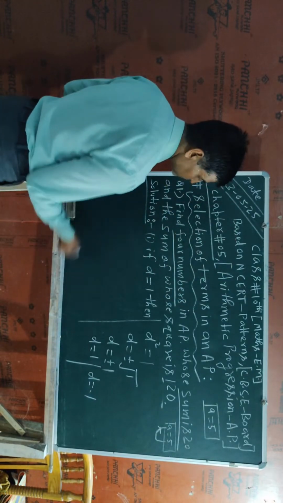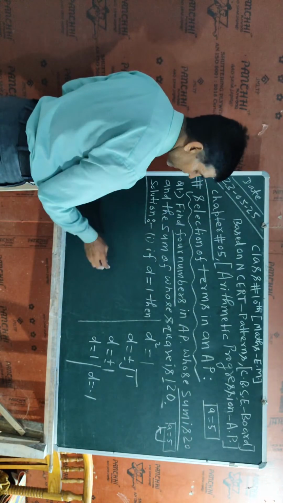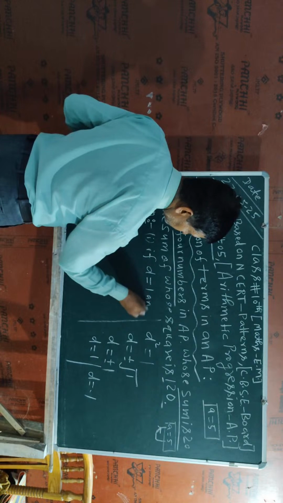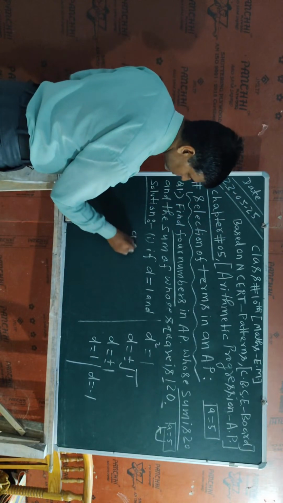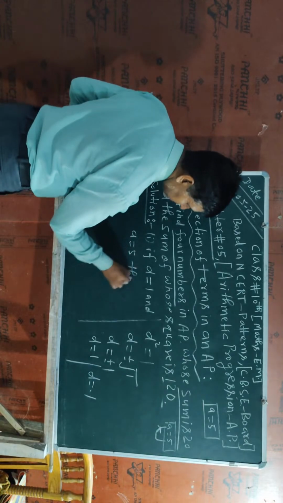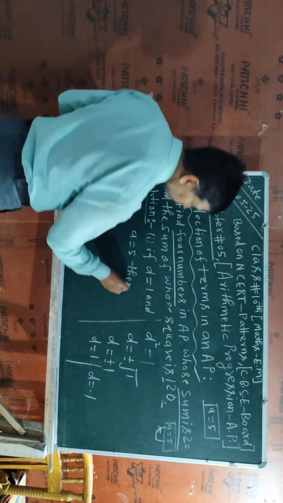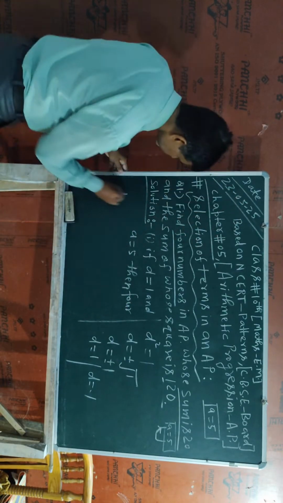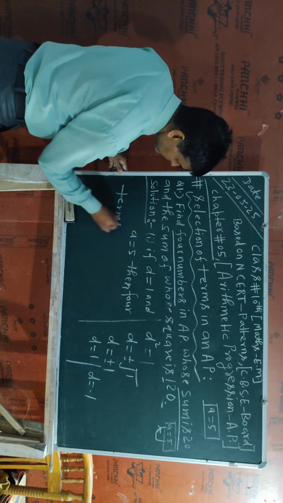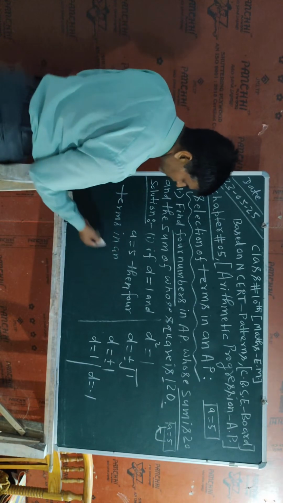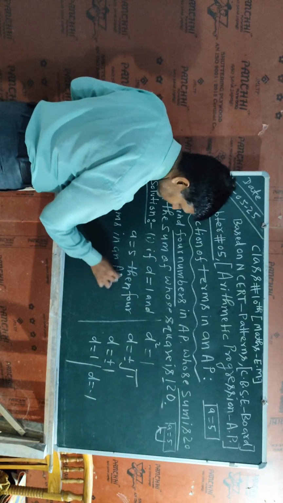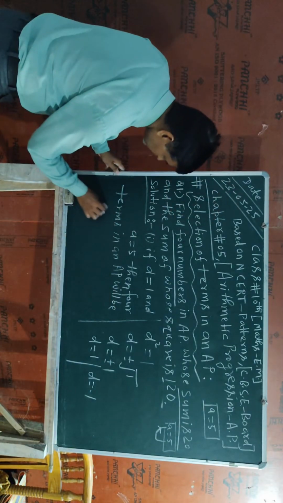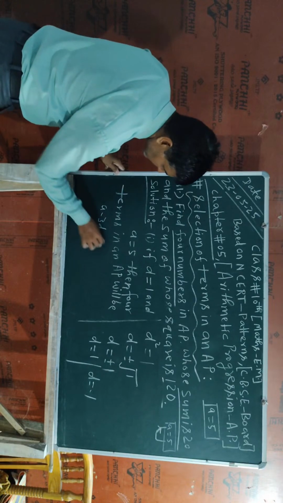So corresponding to plus 1, if d is equal to 1 and a is equal to 5, then the 4 terms in an arithmetic progression will be, I will say, a minus 3d, a minus 3.